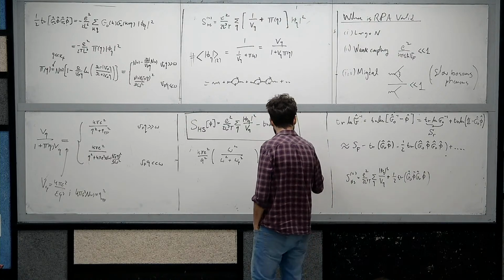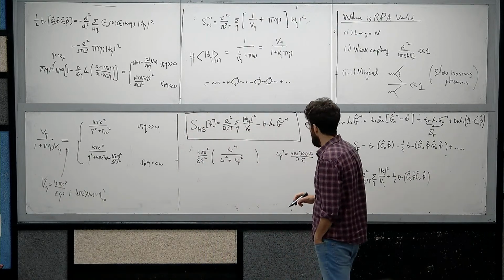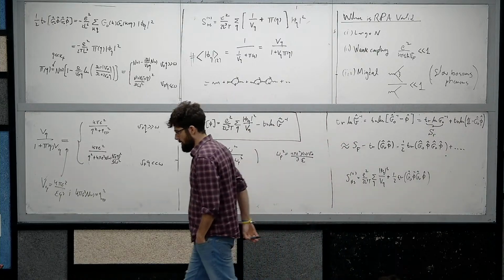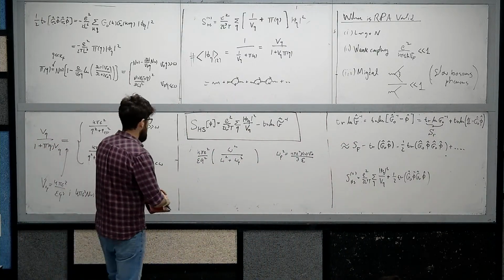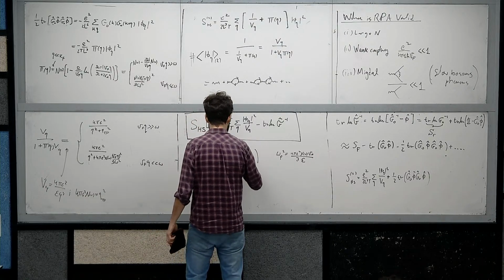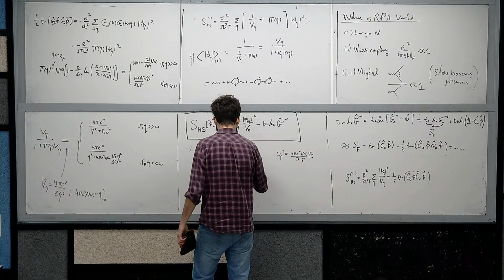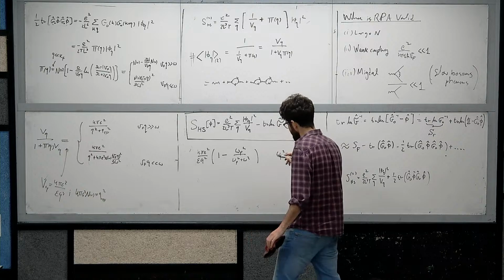Oh, and here I'll write ε and ε. Now I can rewrite this thing as 1 minus ω_plasma squared over ω_plasma squared plus ω squared.